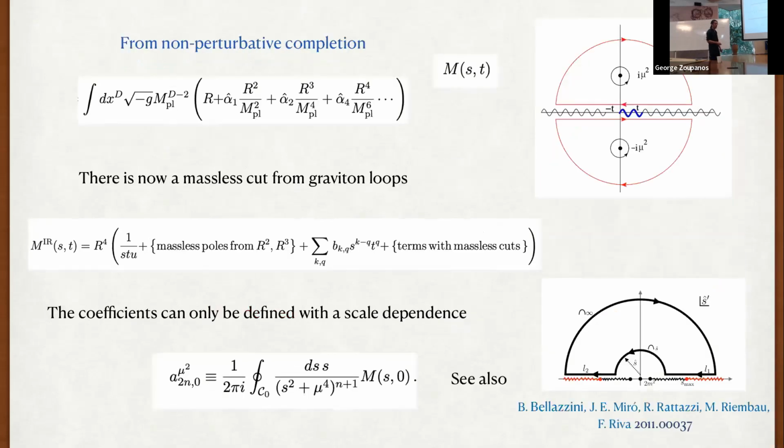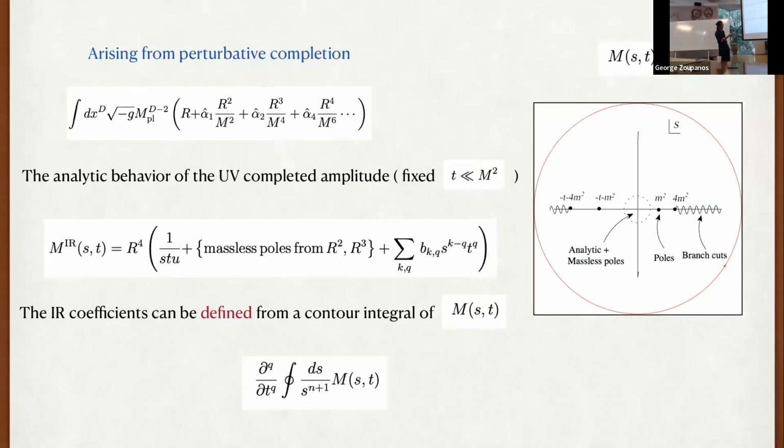For non-perturbative completion, which is usually where the problem arises, remember that you might ask at this stage, why is the low energy amplitude looking like this and not having any graviton or massless branch cuts? Because that's the usual thing you might worry about.